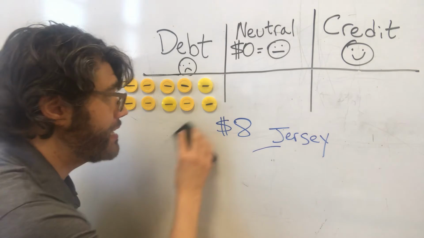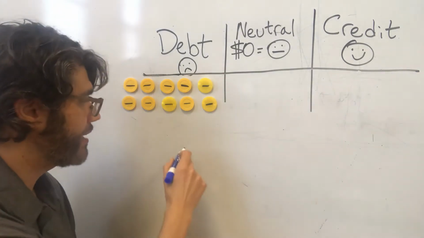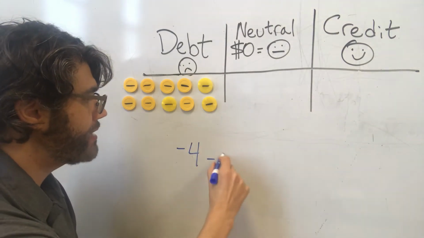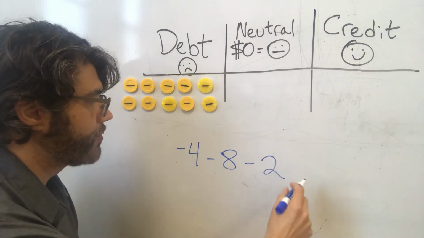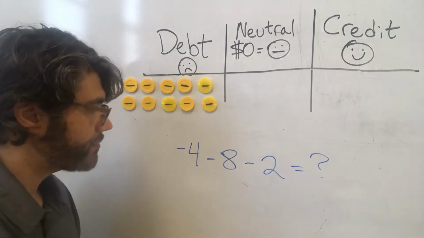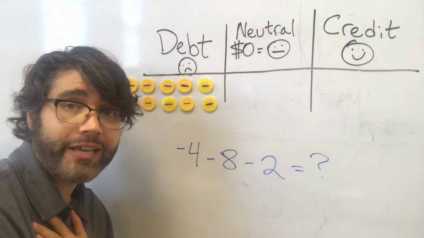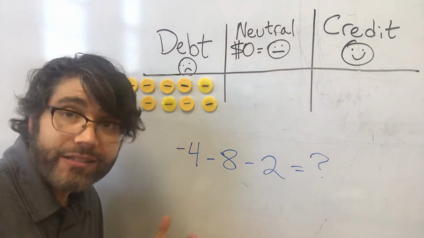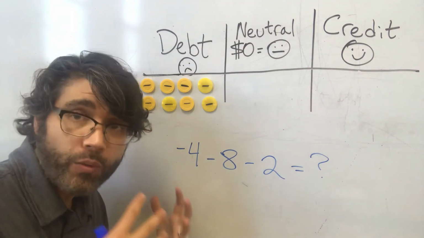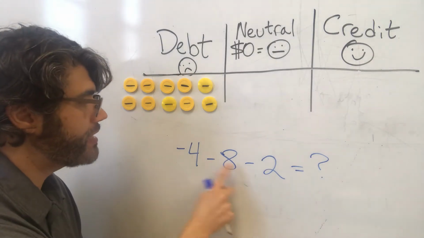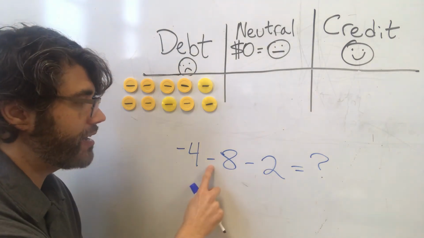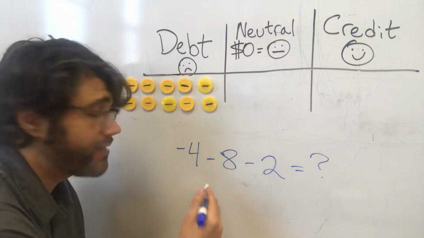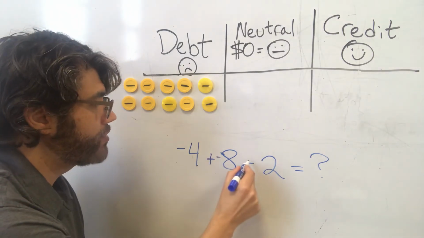And sometimes the very first thing that I do when I see a longer line of things like -4 minus 8 minus 2 equals something, what I do personally, because this helps when you're starting to work with integers, is turn these subtraction signs into plus negatives.